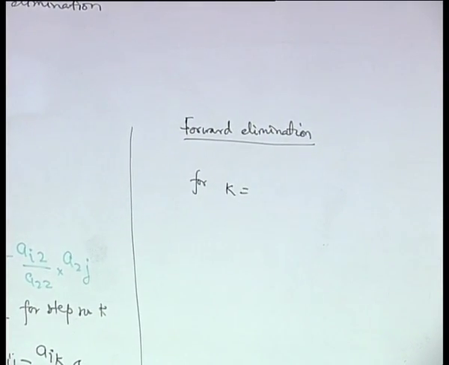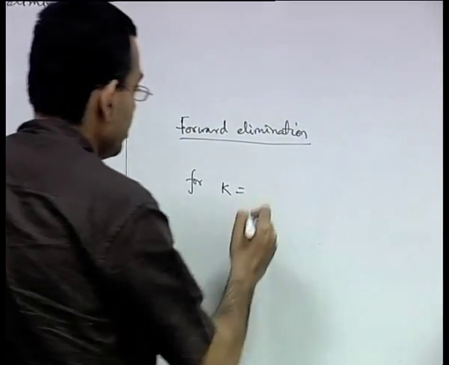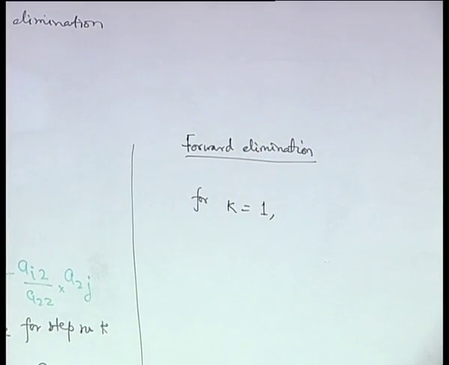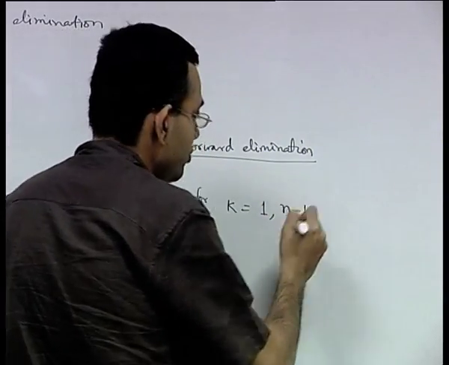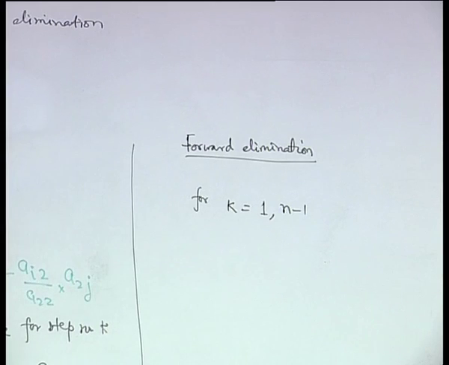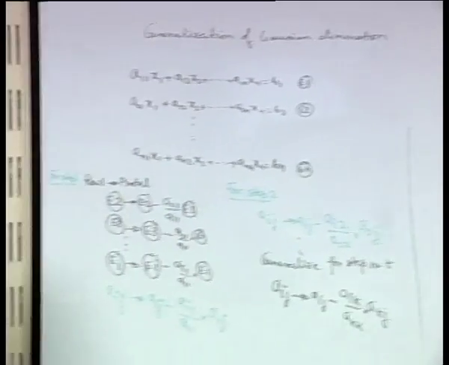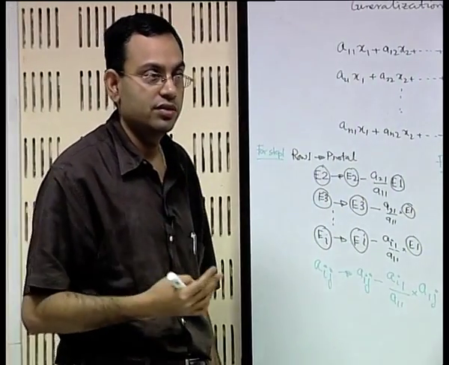The first value of k is 1, and what is the last value of k? N minus 1. The (n minus 1)th one is the last pivot, because using that the term immediately below that is eliminated. If you consider n as a hypothetical pivot, there is nothing below that, so n is not a pivot.